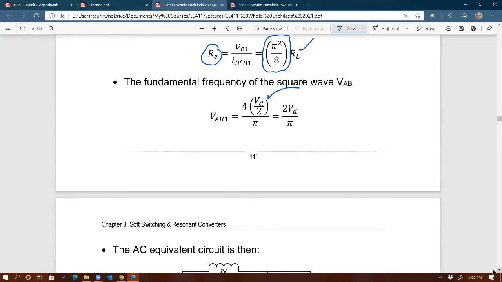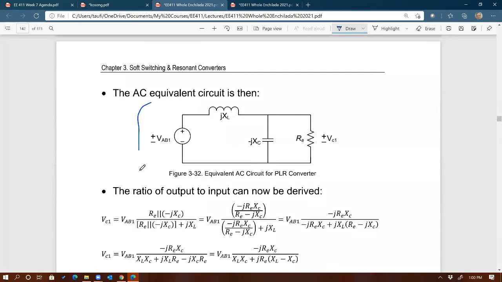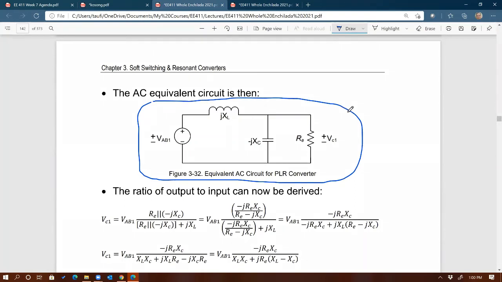So now we have our sine wave equivalent circuit, the sinusoidal model of our circuit, where the input to the tank is plus minus VAB1. The VAB equation is given previously, and the load resistor is reflected into this model to be RE.